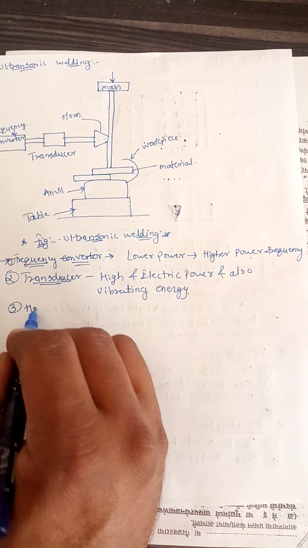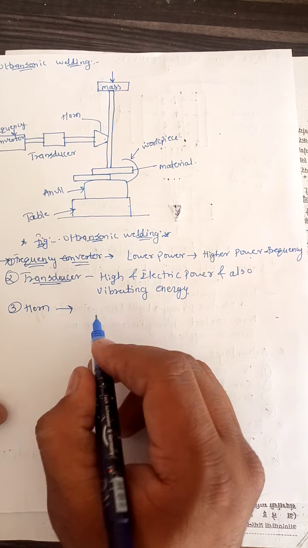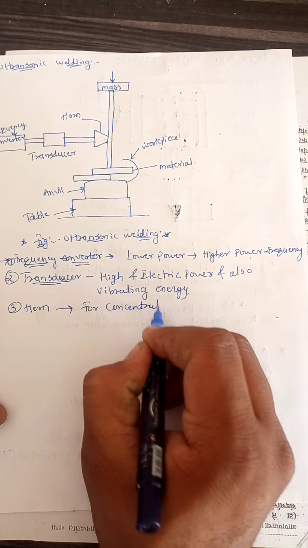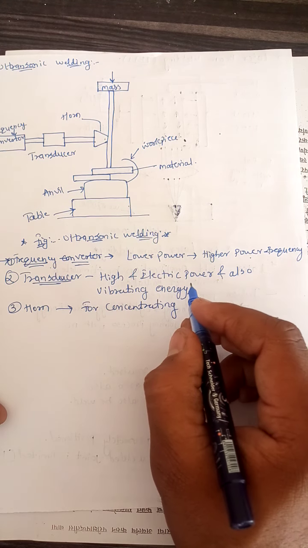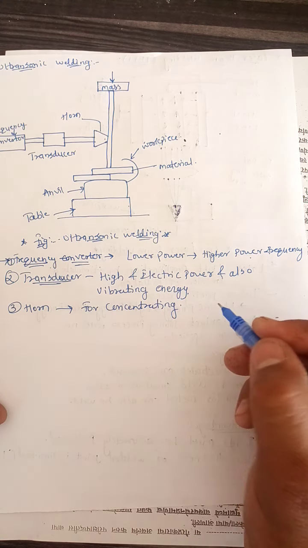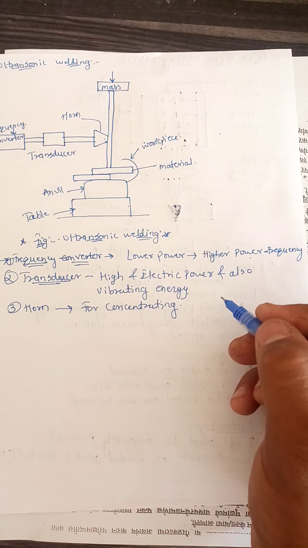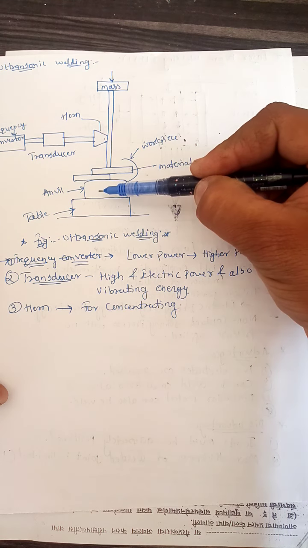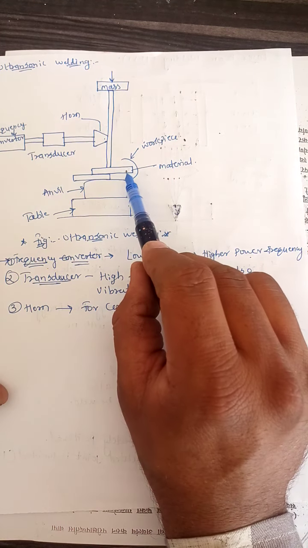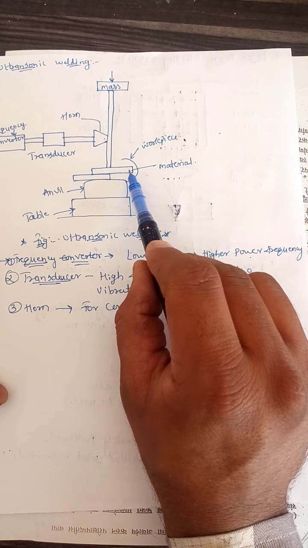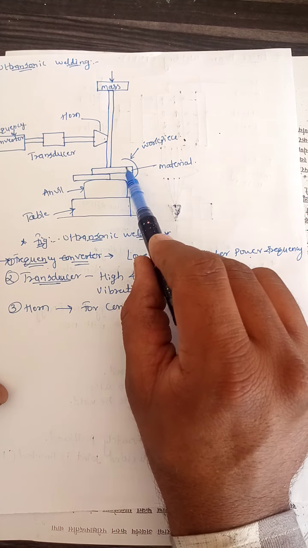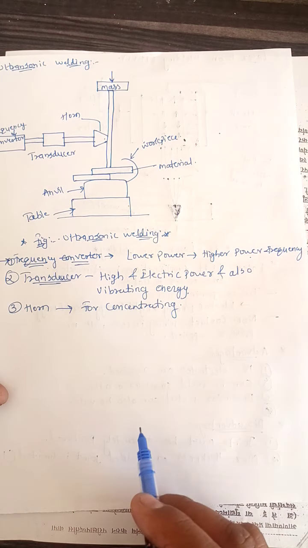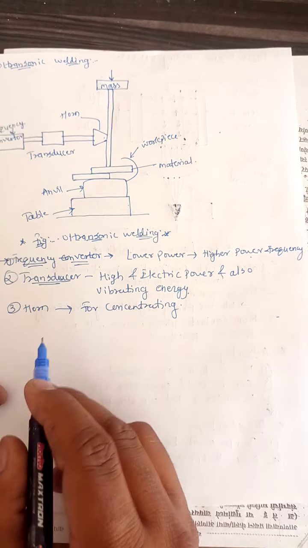Third, there is a horn, which is used for concentrating on the mass, and this mass is used when the size of the material is large, then this mass is used to force to create a welding properly.